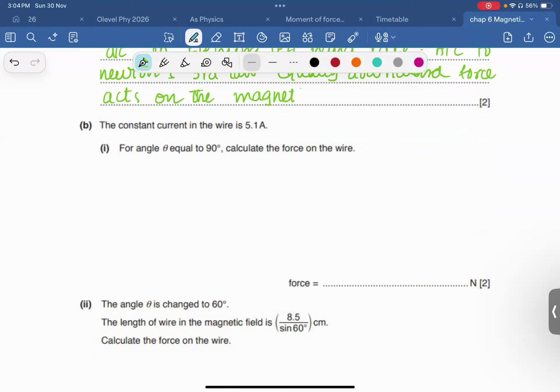The constant current in the wire is 5.1. For angle theta equal to 90 degrees, calculate the force on the wire. Which formula, can you tell me the formula?